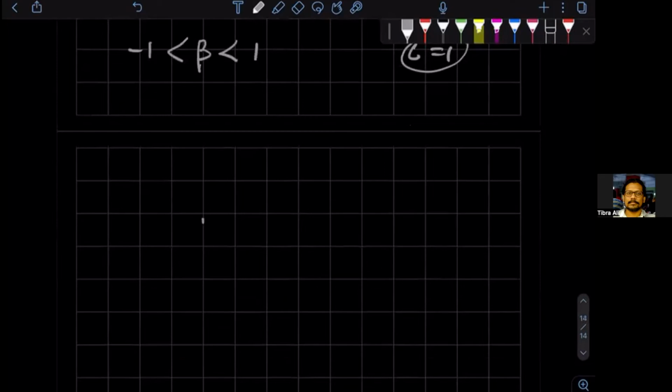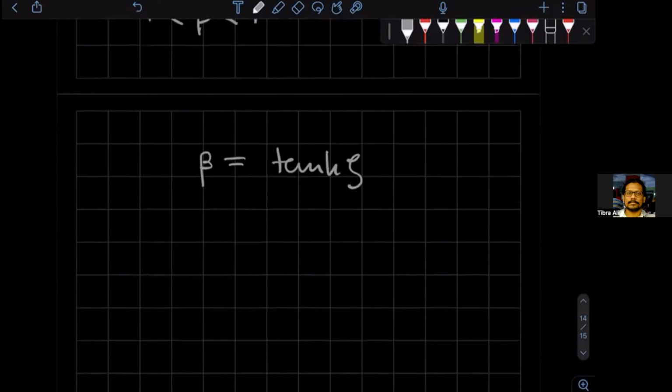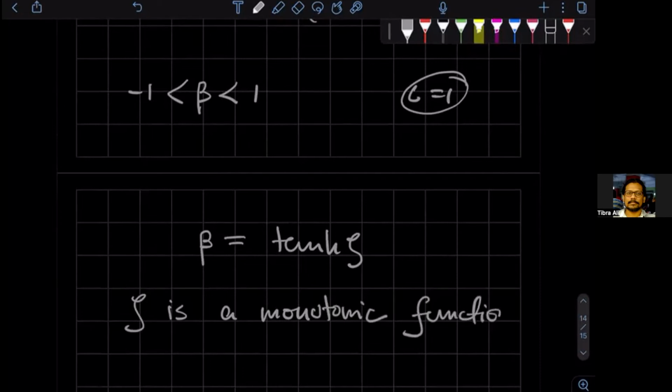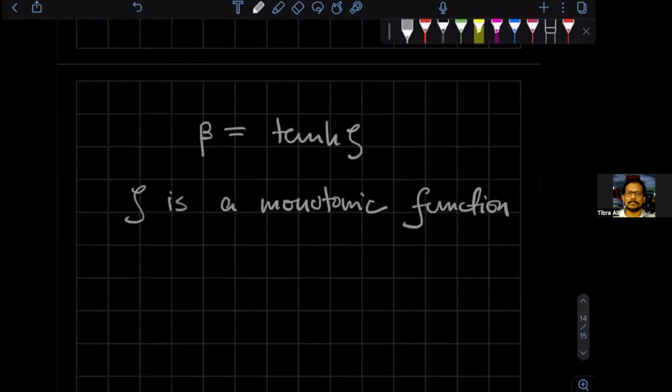Now, if I define a new coordinate, psi, defined by tanh of psi equals beta, then this is a monotonic transformation. So psi is a monotonic function of beta.